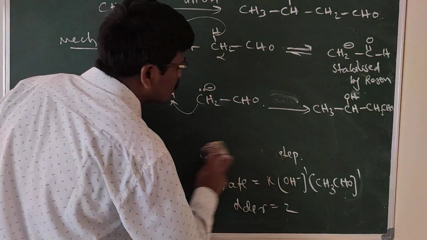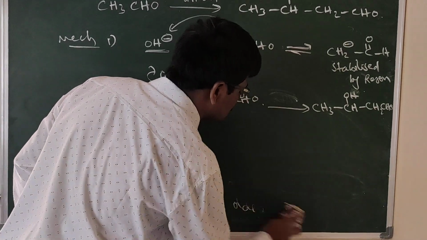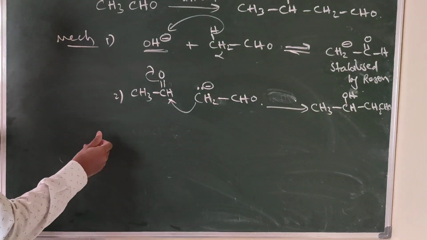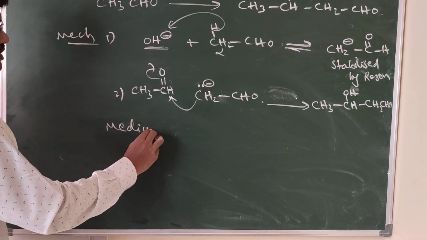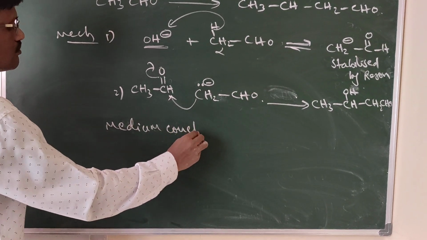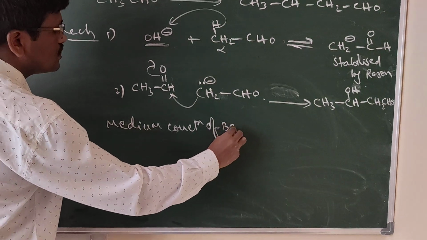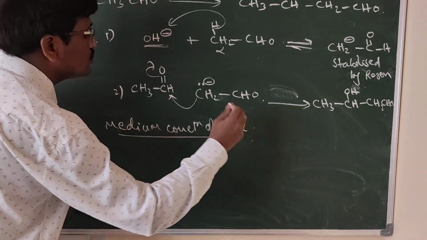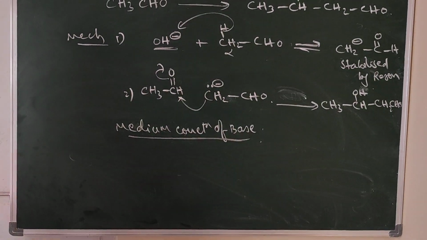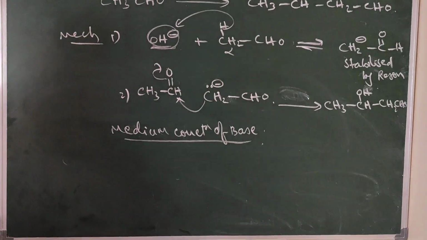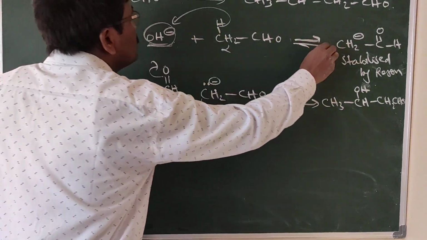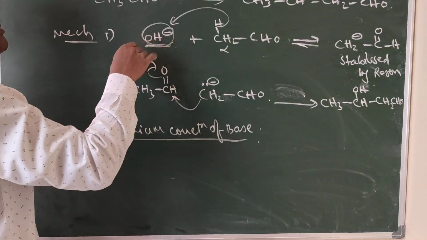If you maintain a medium concentration of the base, that is approximately 0.1 molar, 0.2 molar, then the first reaction will be very fast because the concentration of base is more.